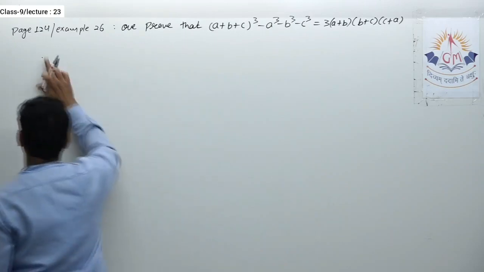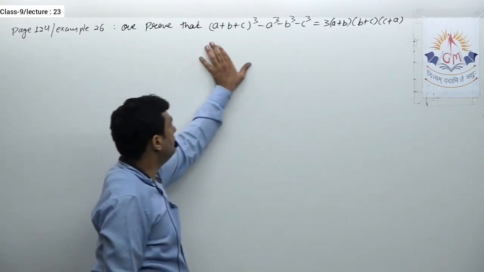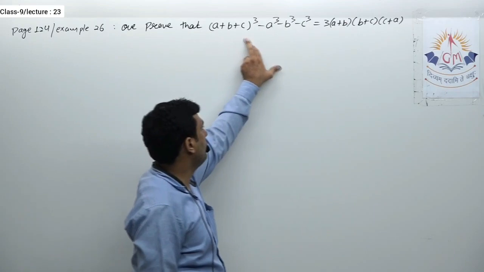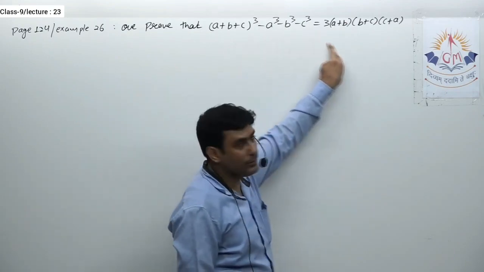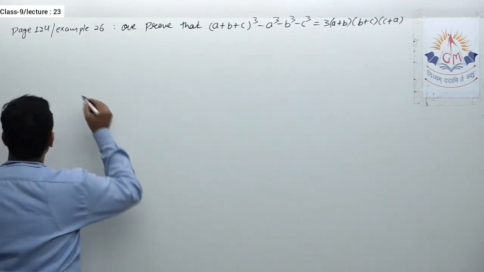Okay, so we have to prove this, and on the left hand side we have (a + b + c) whole cube minus a cube minus b cube minus c cube. So let's see how to solve this.